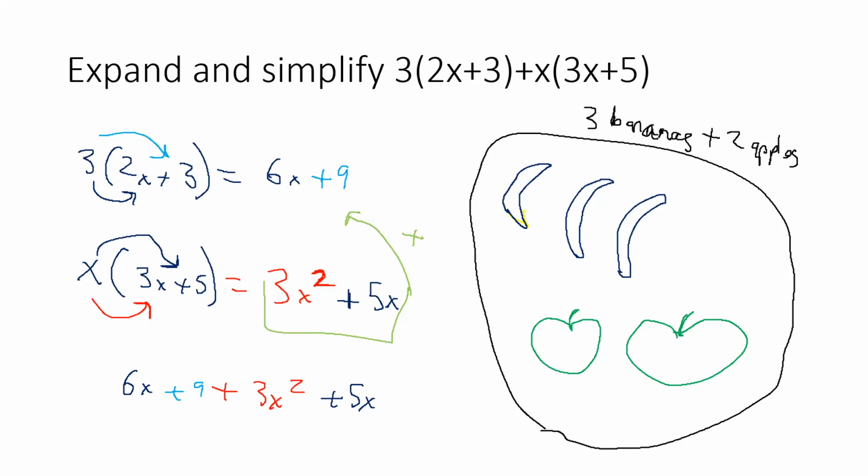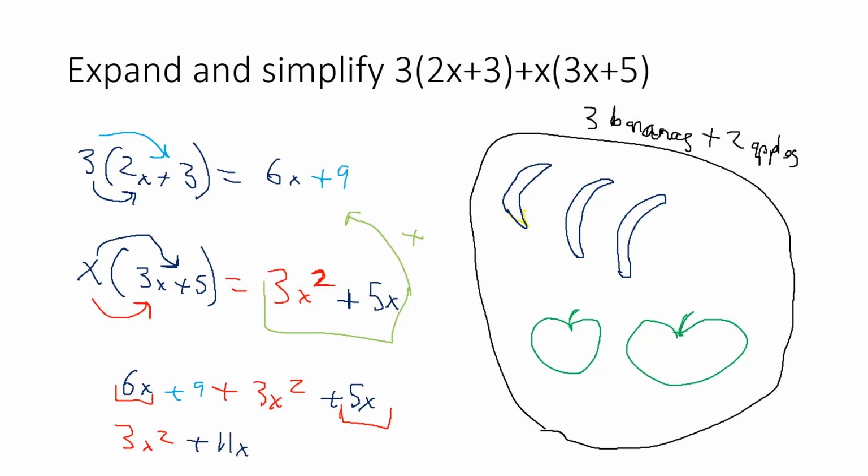And likewise, what do we do to simplify this? We have 3x squared, so 3x squared. But how many x's do we have? We have a 6x here, and we have a 5x here. 6 plus 5 is just going to be equal to 11x. Does that make sense?